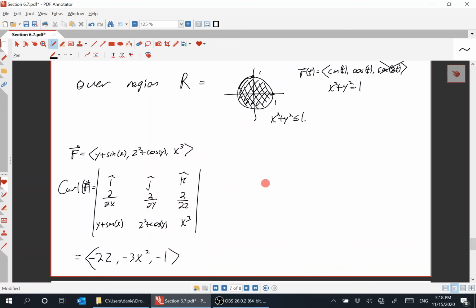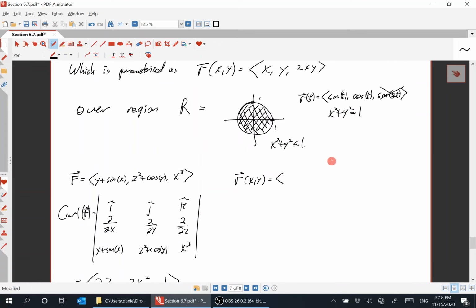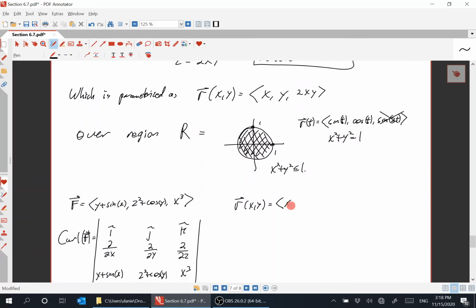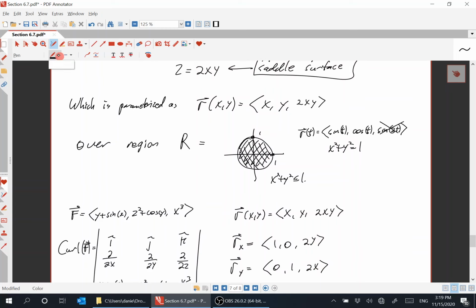Okay, and then the parameterization of the surface is x, y, 2xy. So the partial derivatives are r_x = 1, 0, 2y, and r_y = 0, 1, 2x. And then which cross product are we using? Which way do we need to orient that surface?